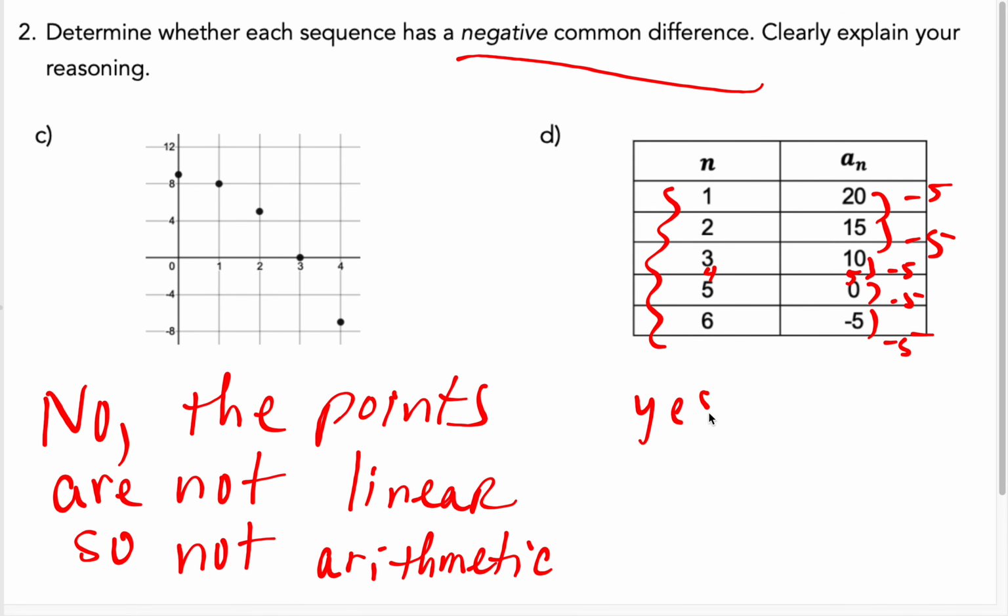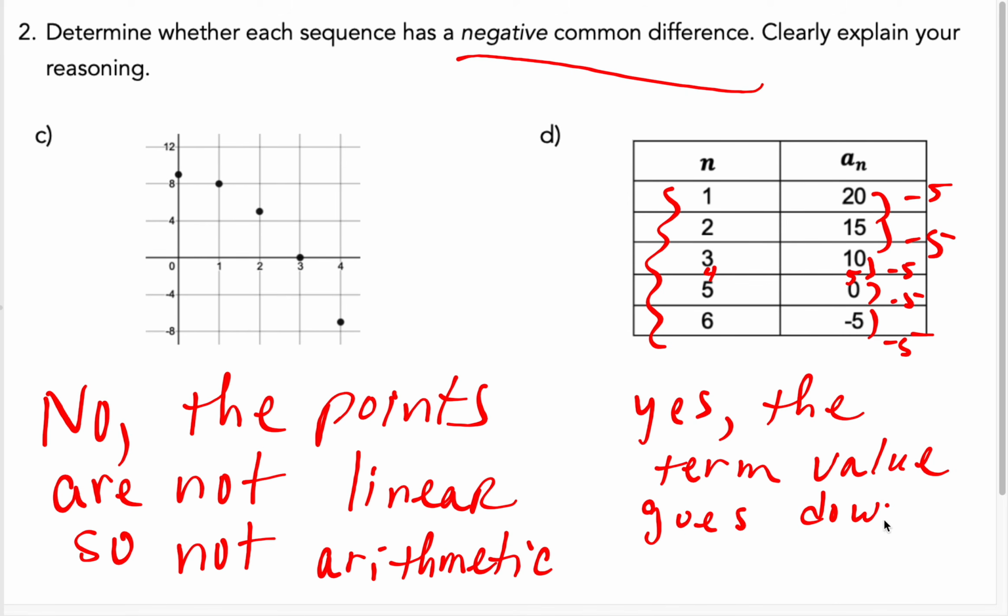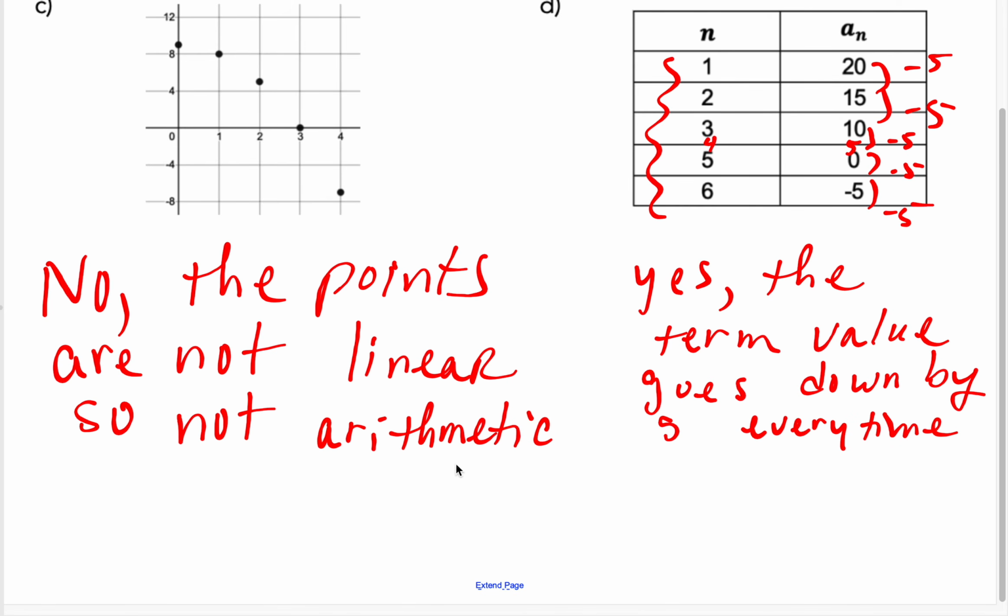So yes, the term value goes down by 5 every time. I gotta fix. This doesn't look like a 5. So your common difference is a negative 5.